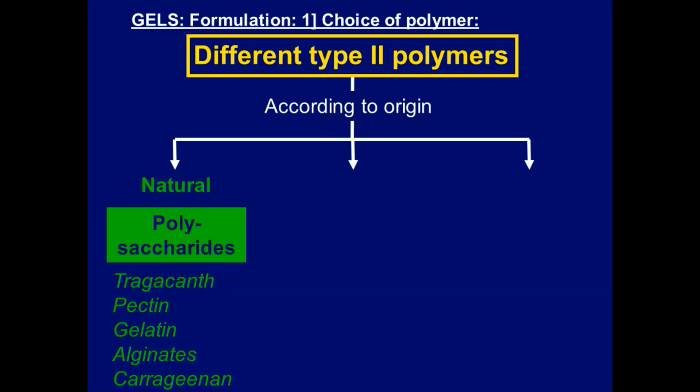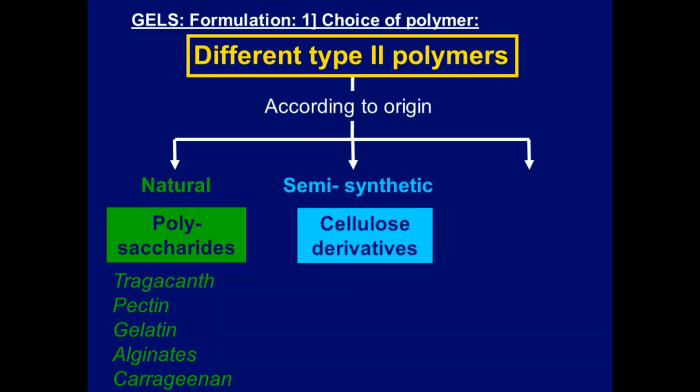Type 2 polymers may also be of semi-synthetic origin, and we call them cellulose derivatives. For example, methyl cellulose, hydroxypropyl methyl cellulose, carboxymethyl cellulose, and sodium carboxymethyl cellulose.